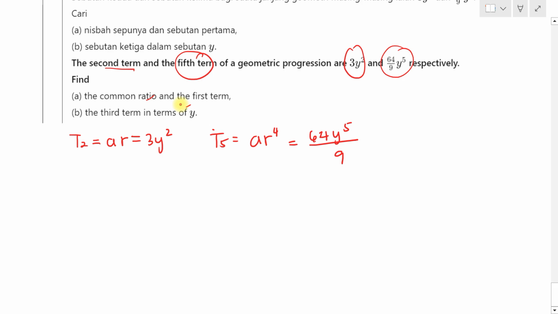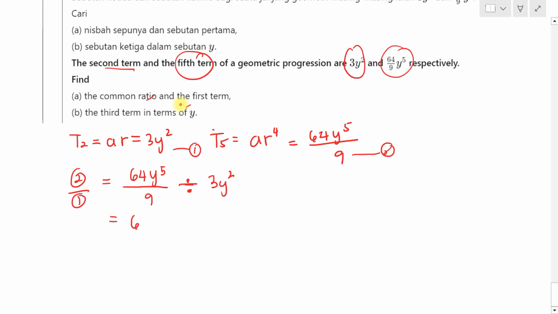From here, this is equation 1, this is equation 2, and we do 2 divided by 1. Why didn't I do 1 divided by 2? Because I want the higher index divided by the lower index, it's easier. So 64y to the power 5 over 9, divided by 3y square.